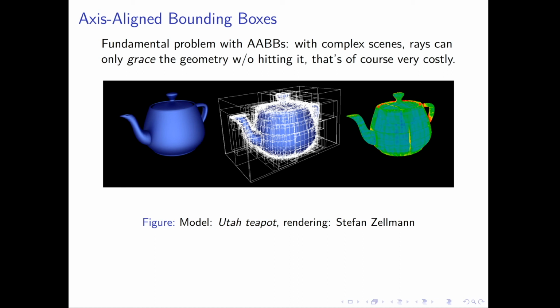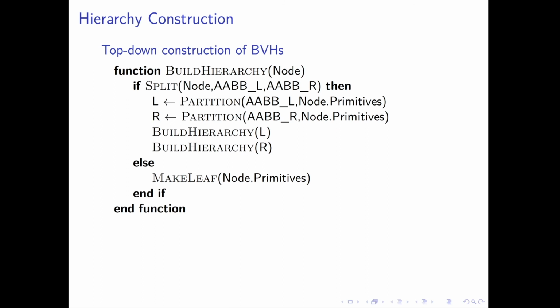This is a fundamental problem with AABB BVHs, but nevertheless, all the other alternatives, like OBBs, that is oriented bounding boxes, have other issues. Mostly it's about construction and finding good BVHs for them, so that AABB BVHs are still what is currently used by the state of the art.